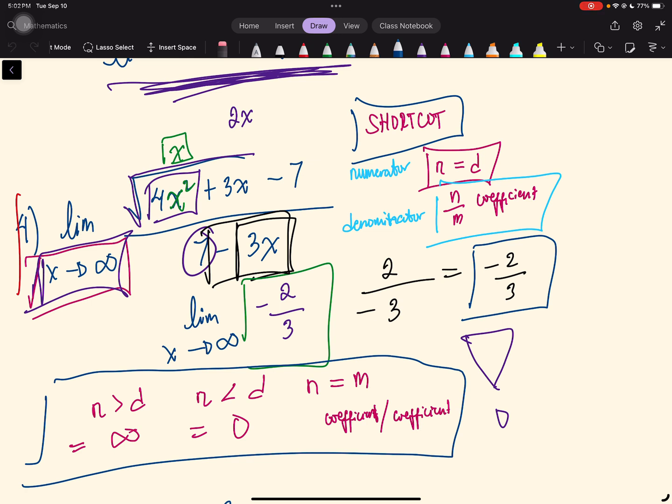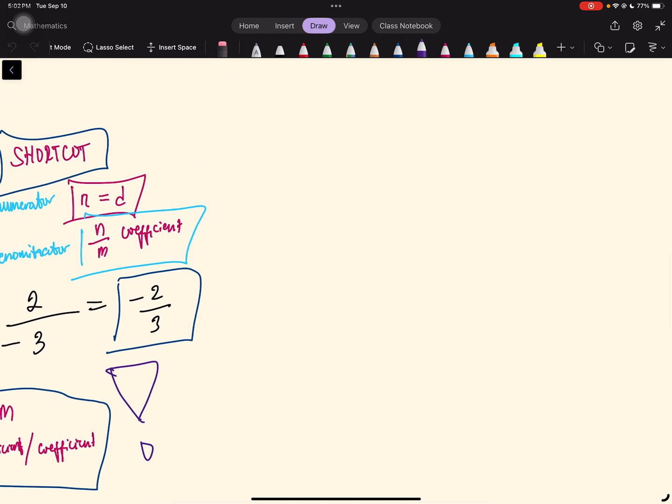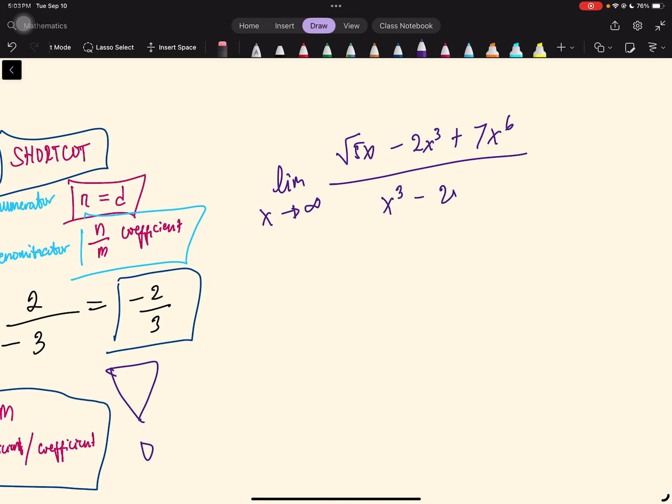Okay? So, to help you understand it better, I'll give you an example. Say that you were asked to find the limit as x approaches infinity of root 5x minus 2x cubed plus 7x to the 6th power, all over x cubed minus 2x squared.